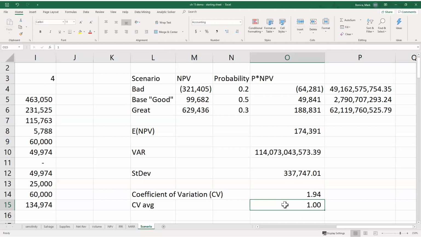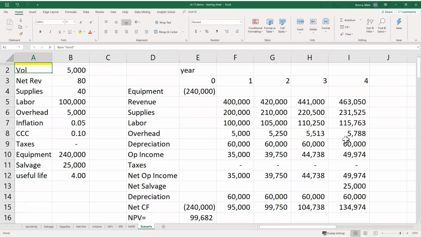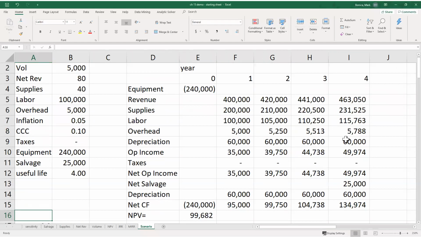We have the expected NPV of 174. That was built on what goes into calculating an NPV. Well, you need to know the discount rate. Yeah, corporate cost of capital. Right. We assumed that the corporate cost of capital would be 10%. Did I hard code that in? Nope. So we assumed that the corporate cost of capital would be 10%.